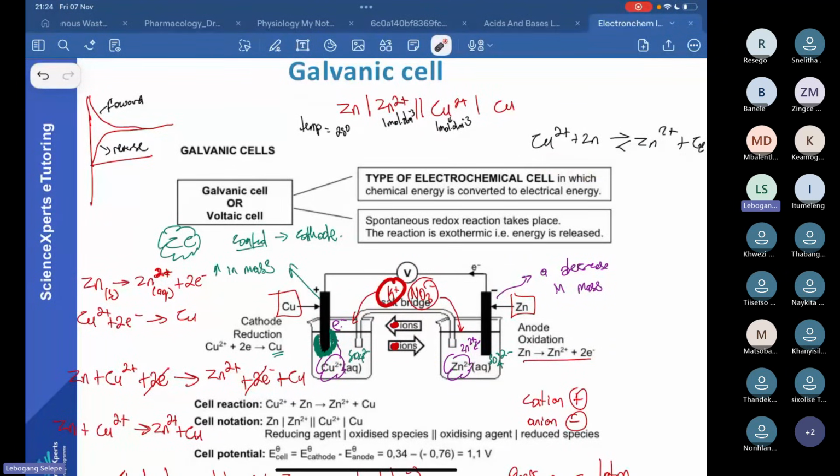So now the forward reaction and the reverse reaction, their rates are equal. So if I increase the forward reaction, which is the reaction between Zn and Cu2+. Yeah, guys, the forward reaction is the reaction between Zn and Cu2+.